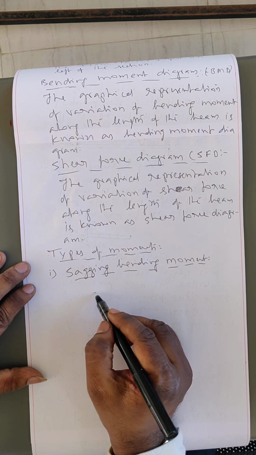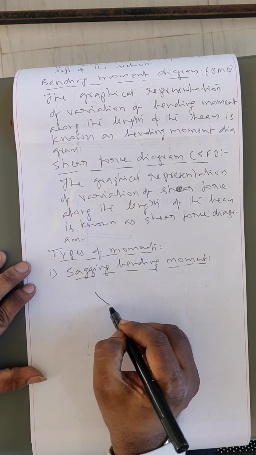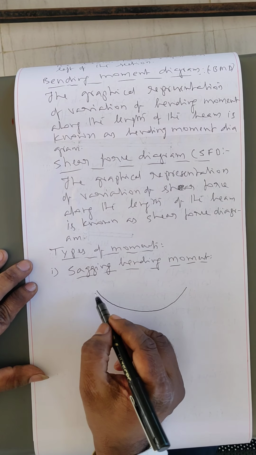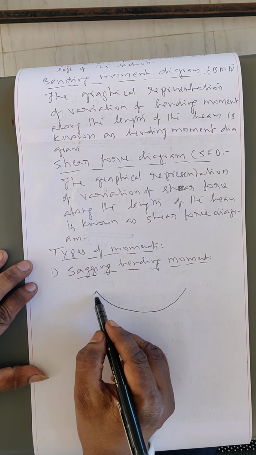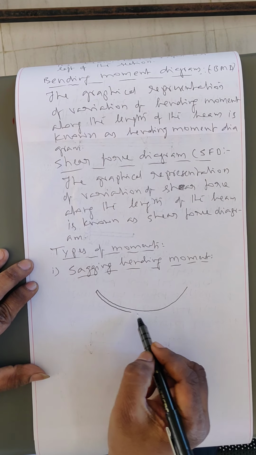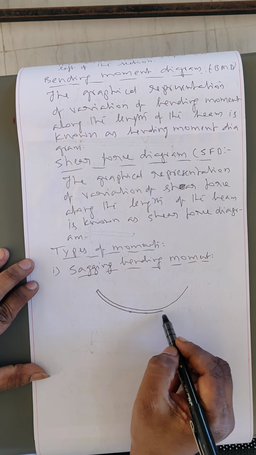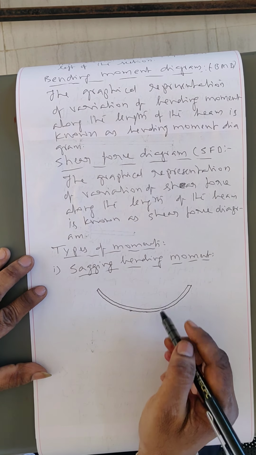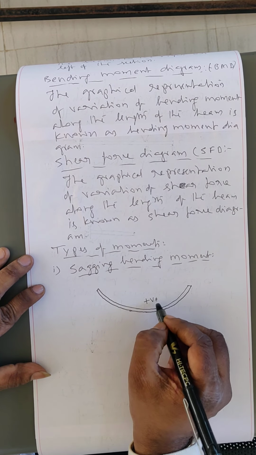Sagging means, if the bending moment is sagging, this is the shape of the beam. This is called positive bending moment.